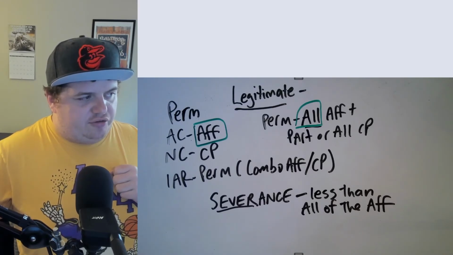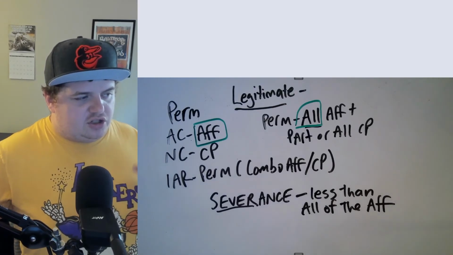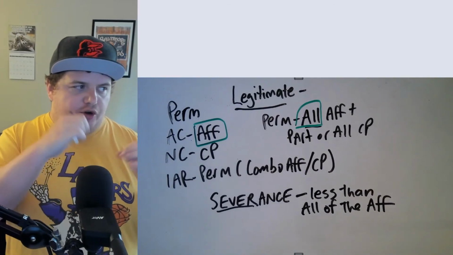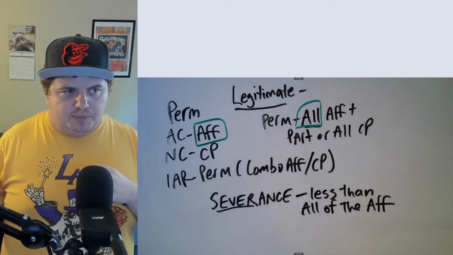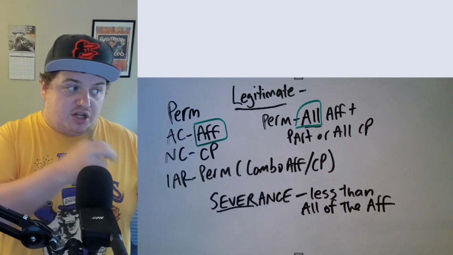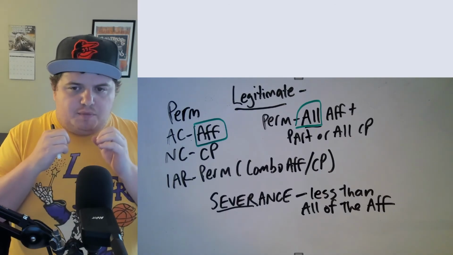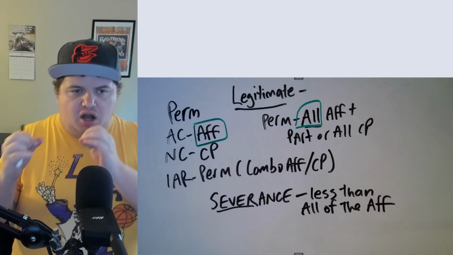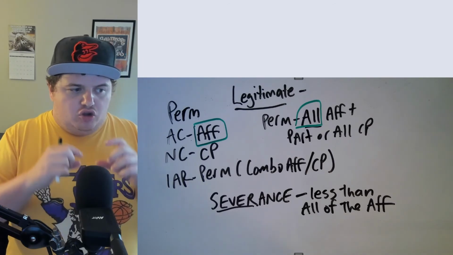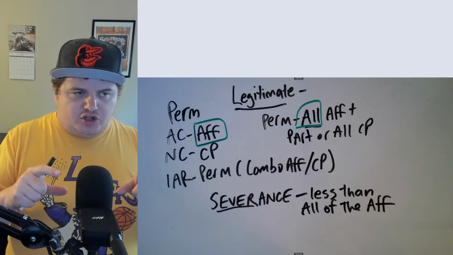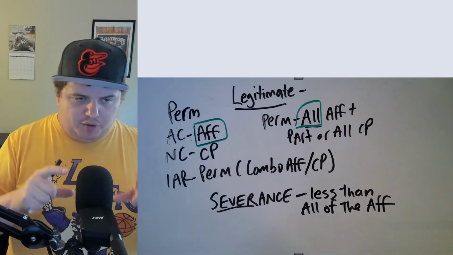Permutation: Scott should go to Finland, Poland, and Germany. Because all of those things include all of the affirmative and different parts of the counterplan. So you can take parts and parcels of the counterplan, but you cannot take parts and parcels of the affirmative in the debate. You must include all of the affirmative in your permutation to be a legitimate permutation.